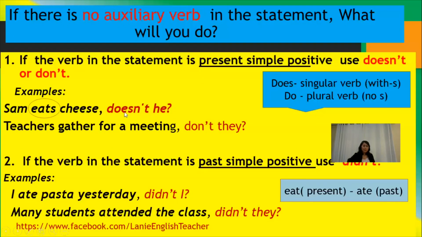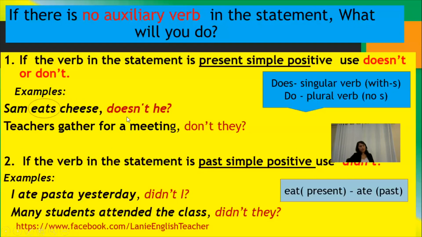Now, in this case, it begins with doesn't. Why doesn't? Because as you remember, Sam eats cheese is a positive statement. So for this case, we use a negative tag. So to make it negative, we'll make it like this: doesn't.